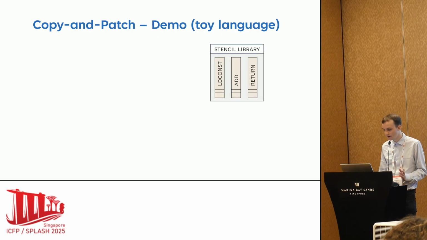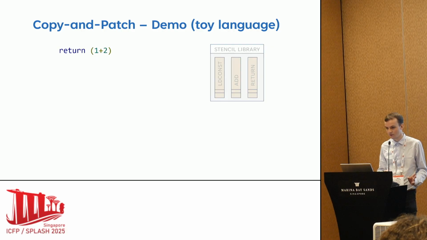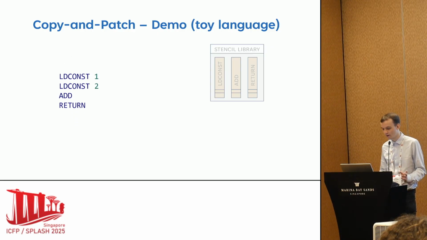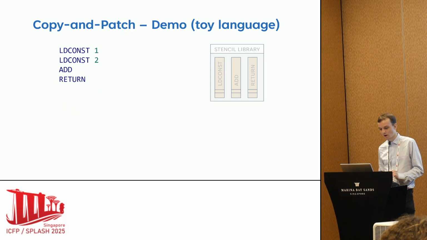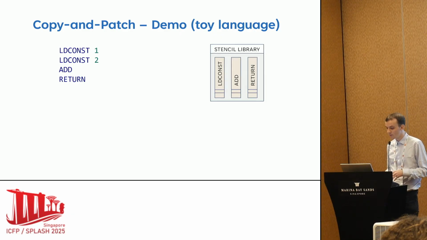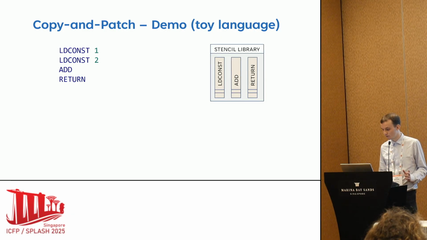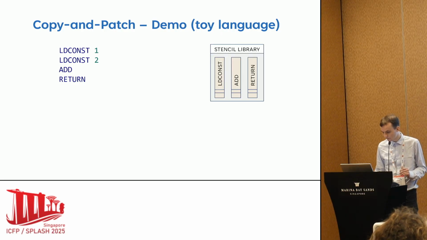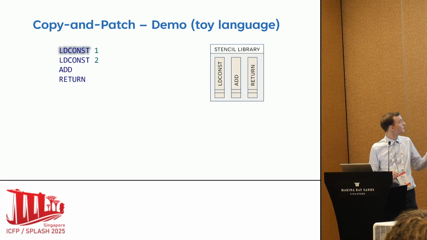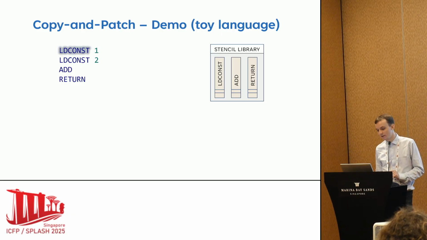And now let's see how the actual run of copy and patch happens during runtime. All of what we've seen so far has been at compile time, but now it's the runtime itself. So again, we have the same statement, and we first compile it with the bytecode compiler, the same as before. Now the stencil library is loaded into memory, and the copy and patch proceeds. The first thing it does is iterate over these instructions.